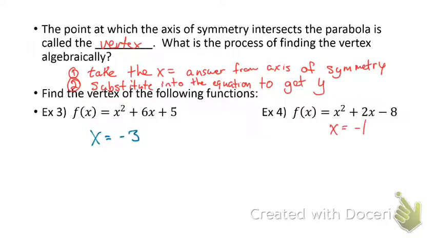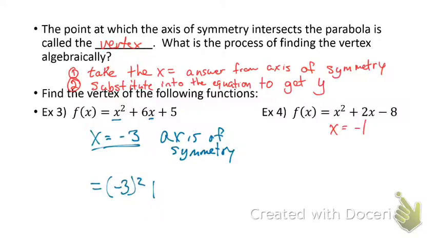Okay, so I took our answers from the previous slide. X equals negative 3 for x squared plus 6x plus 5. And again, that was our axis of symmetry answer. So what we're going to do is take the negative 3 and replace that for both of the x's. So we have negative 3 squared plus 6 times negative 3 plus 5.